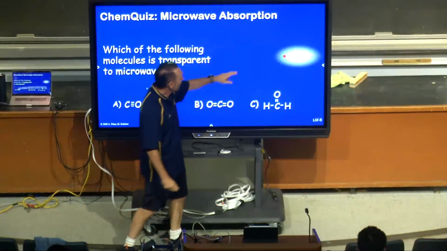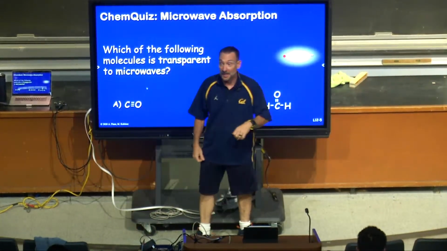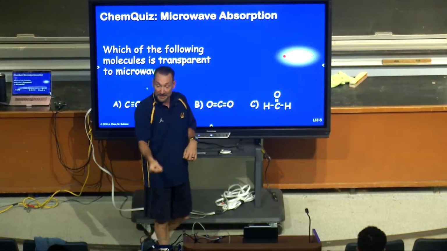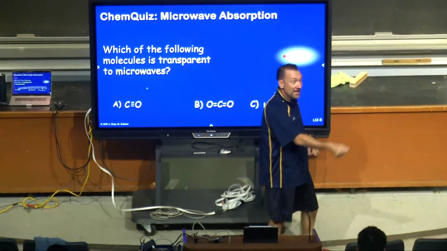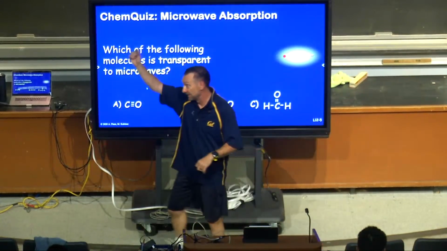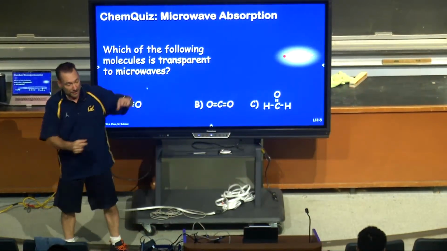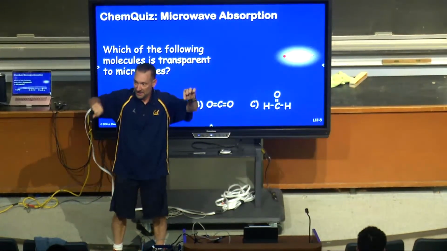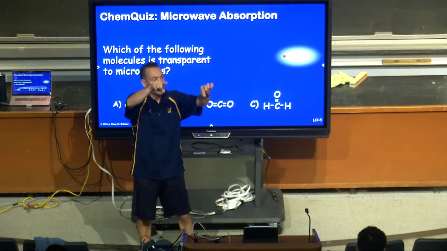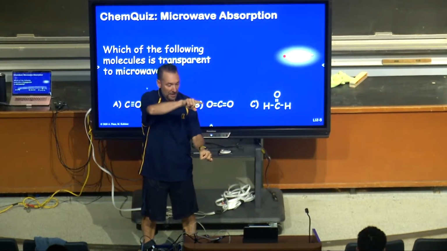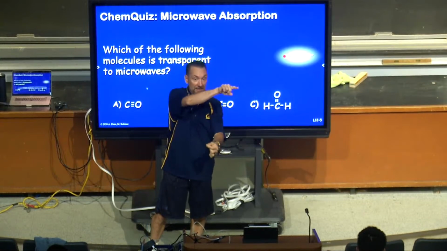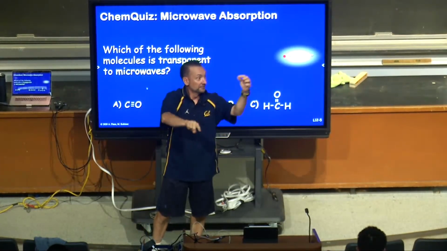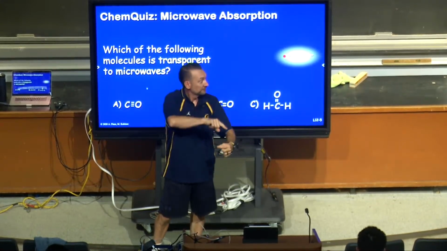If you have a molecule that has a permanent dipole moment, and it interacts with electromagnetic radiation, which we know is an oscillating electric field going up and down in strength, you could imagine a plus-minus dipole. As the wave comes in, it'll interact with one end of the molecule, and then the other end preferentially. And as the wave goes by, that molecule will just start spinning because of its dipole moment.